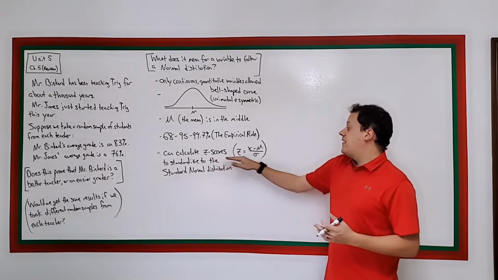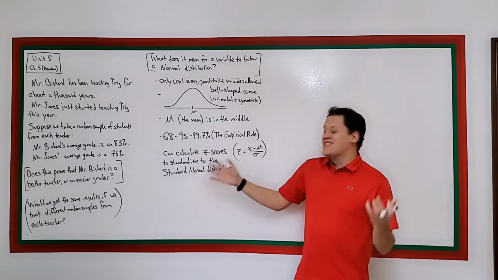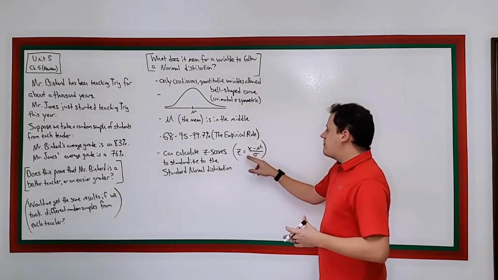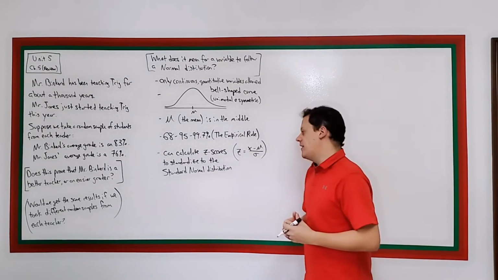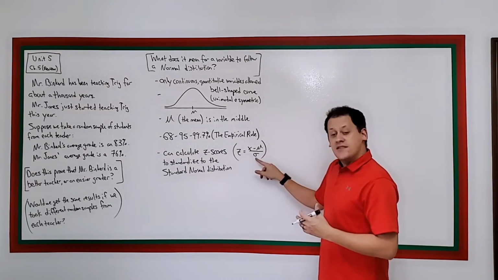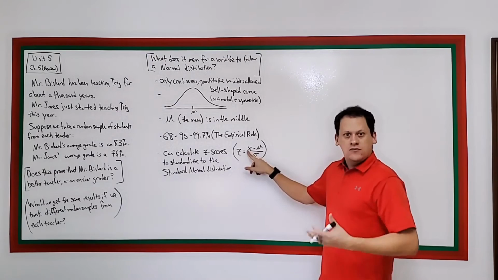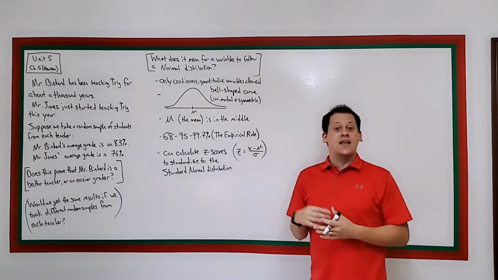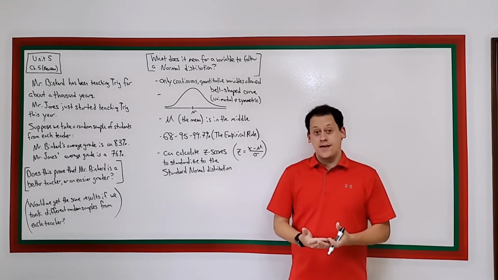We know we can calculate z-scores using this formula to standardize to the standard normal distribution. Right, so if we have some normal distribution, and we'll get into an example in a little bit, as long as we know the mean and the standard deviation, then for any value for that variable, we can calculate the z-score, and that tells us how many standard deviations above or below the mean that value is.